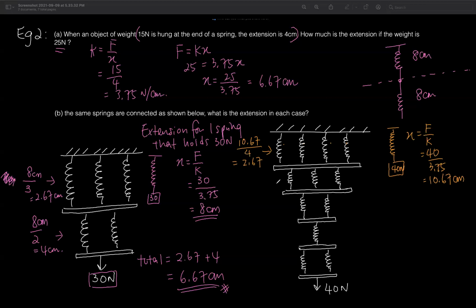Okay. Second level, another 10.67 divided by 3 springs. So 10.67 divided by 3 is 3.54 cm. Third level, 2 springs. 10.67 divided by 2 equals 5.34.